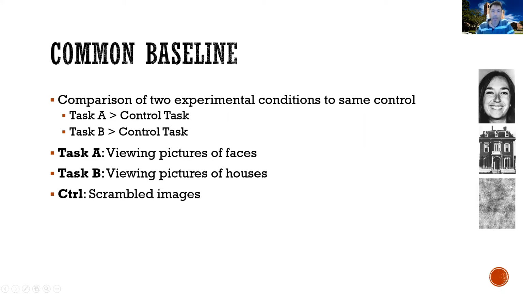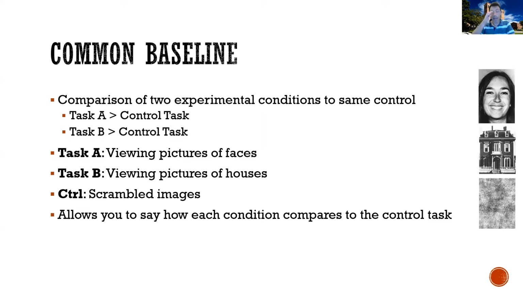In fact, if you were sophisticated, you would take the very same images that you're showing in task A and in task B, and you would scramble all the pixels so that even though you have the exact same colors per pixel, you've scrambled them around, and so there's no face and there's no house in your baseline or control task stimuli.